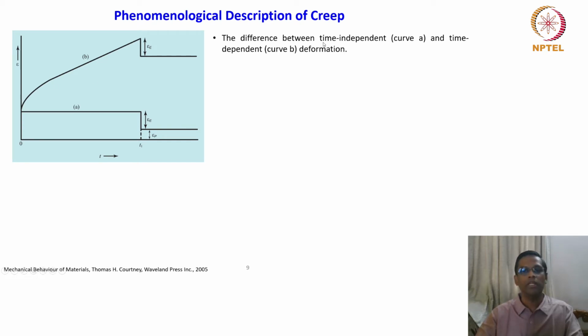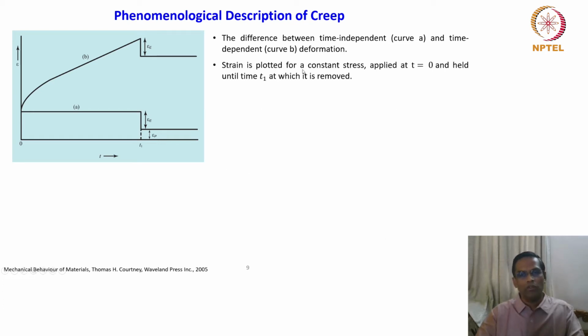The time independent curve is A, and the other is the time dependent curve. You can see that as the time increases, the strain increases. And in this curve, as the time increases, nothing happens to the strain. So it is a time independent curve.